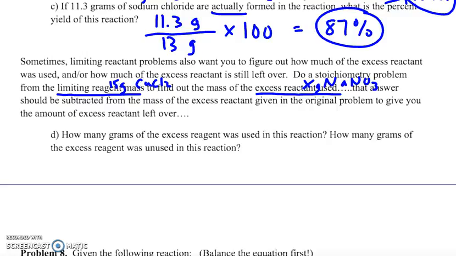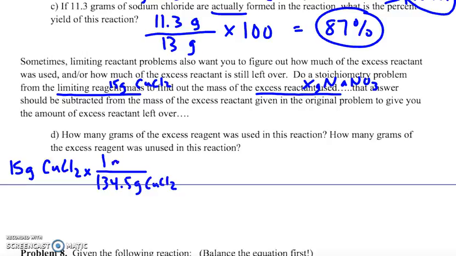So let's set up that problem. Starting with 15 grams of CuCl2. First step is to convert that to moles. That's 134.5 grams of CuCl2 in 1 mole. Now we're going to use the coefficients from the balanced equation.